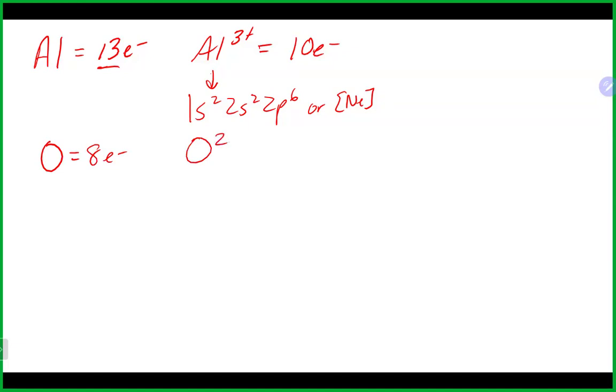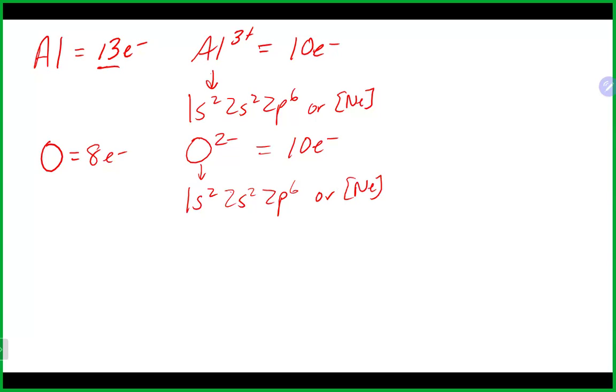When oxygen makes a charge, it makes a -2 charge. Minus means it gained electrons, and it gained 2 electrons, which means oxide has 10 electrons as well, so the electron configuration for this guy is 1s2, 2s2, 2p6, neon's configuration as well.